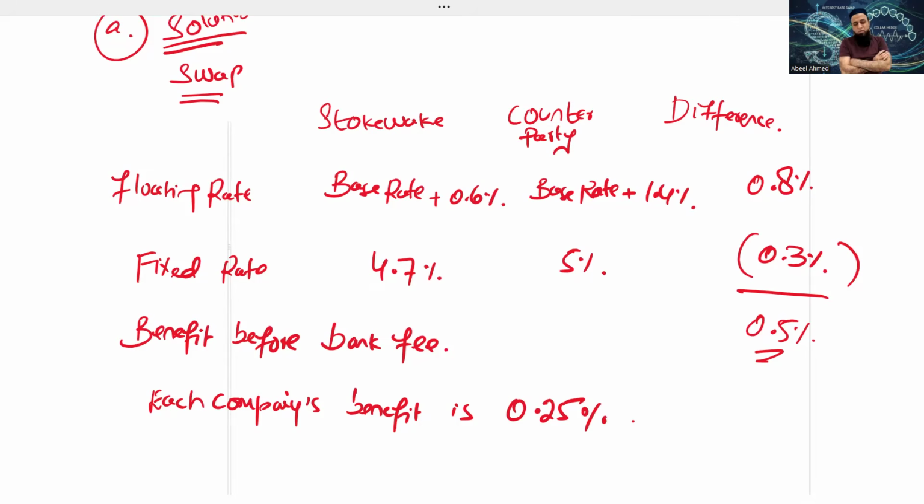Of course, Stoke has a better credit rating. Stoke has advantage in fixed as well as in floating rate. But the larger advantage Stoke company has is in the floating rate, which means that Stoke will borrow in floating rate.